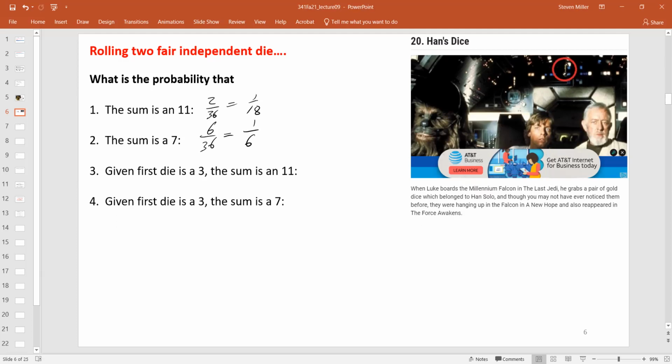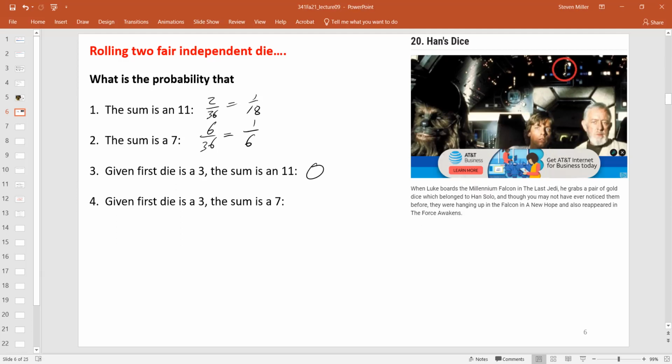You know, not all conditional probabilities are this easy. Given that the first die is a 3, what is the probability that the sum is an 11? 0. Right? Given that the first die is a 3, what is the probability that the sum is a 7? 1/6.